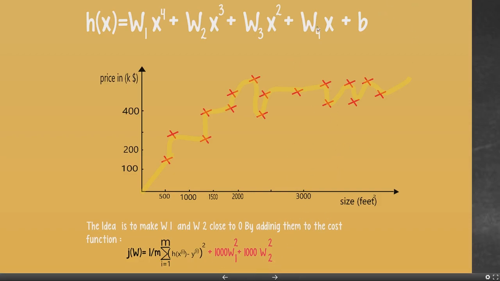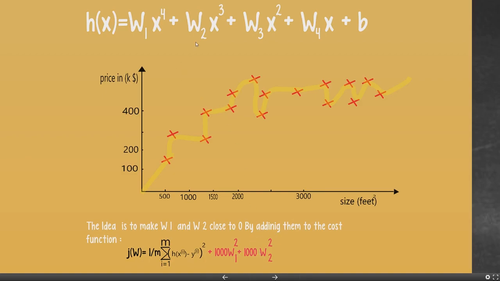For example, we know that the quadratic function is the perfect fit for our data. So what we want to do is to minimize W1 and W2, because they are multiplied by the x cube and the x to the power of 4.